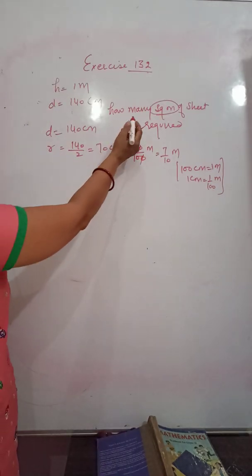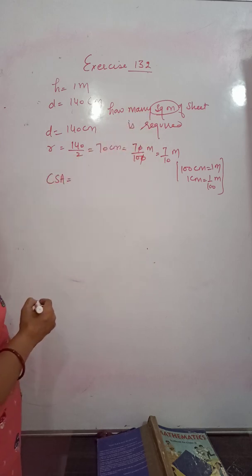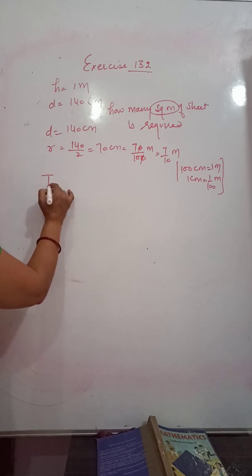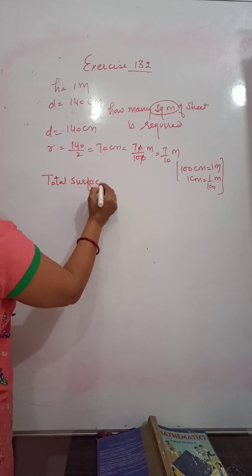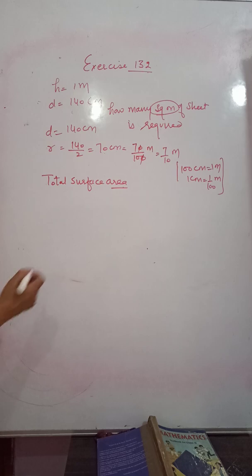Now we have to find how many square meter, which means we have to find the surface area. Total surface area, we have to find total. Why? Because it is closed, right?